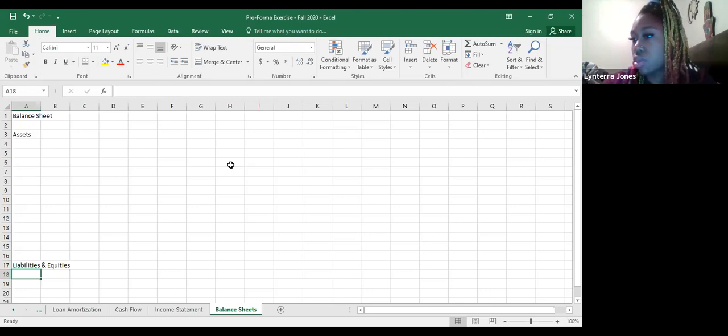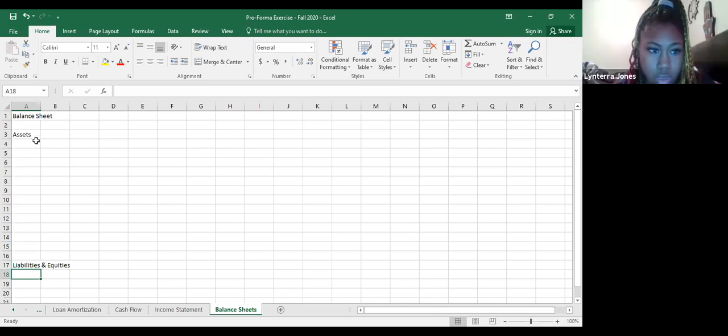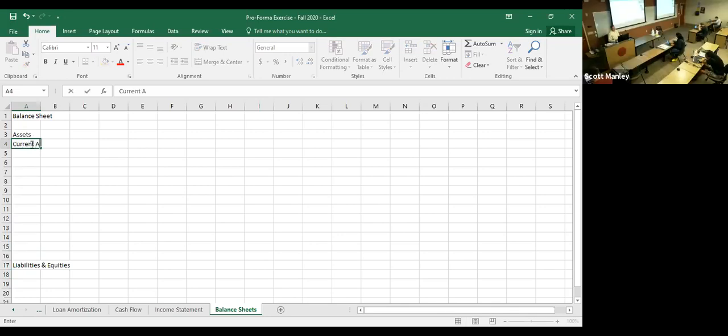Current assets, fixed assets, other assets. So we need to break these down. On the balance sheet, we list them in their order of liquidity. Current assets come first.